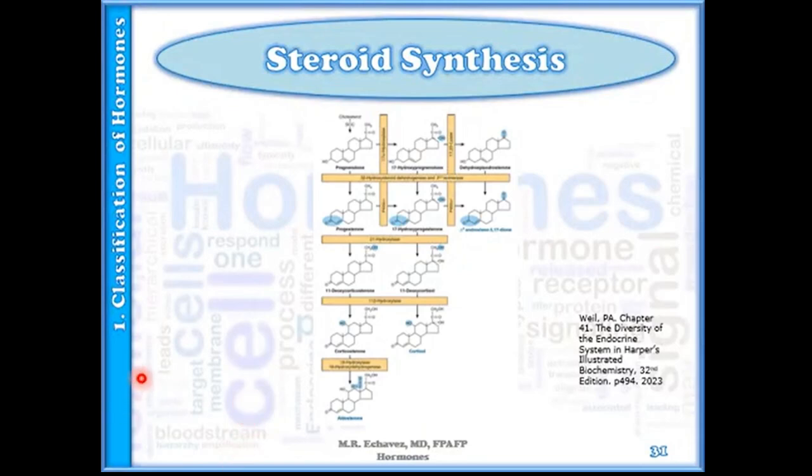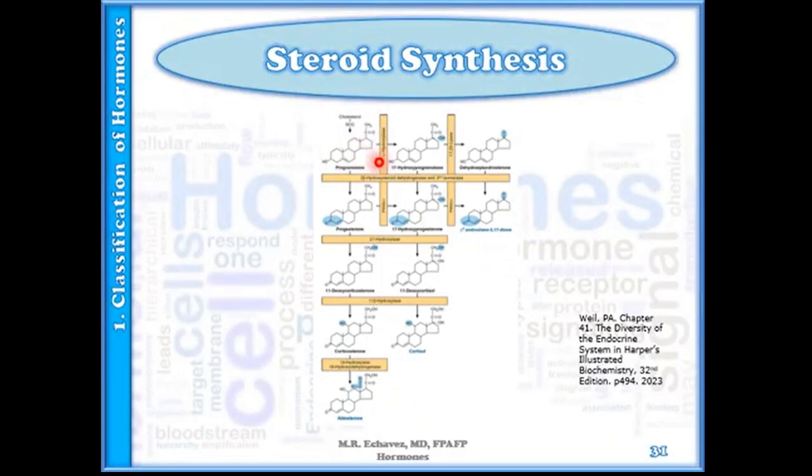This picture is also found in Harper's. I will not enlarge it because you can just refer to this picture in the 41st chapter. Here you would see cholesterol, and with the help of the side chain cleavage enzyme, it yields the first 21 carbon steroid, pregnenolone.